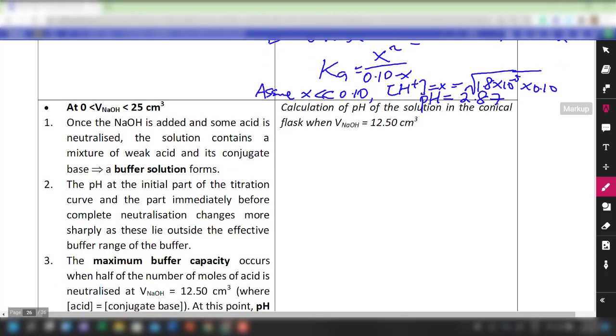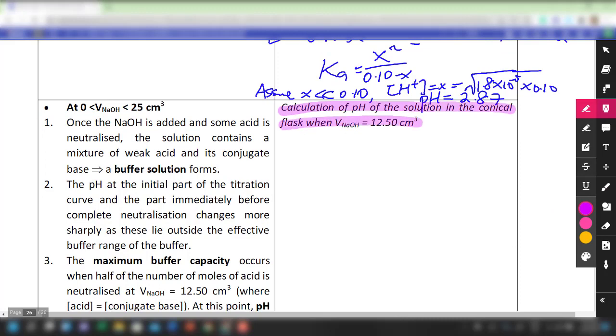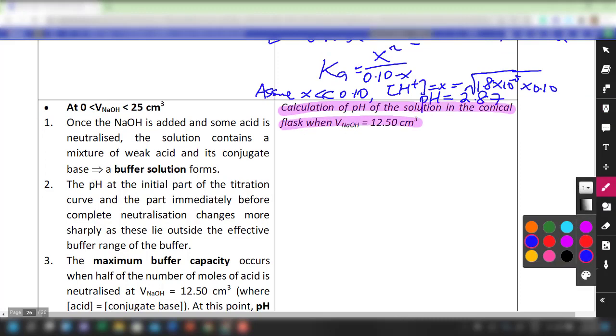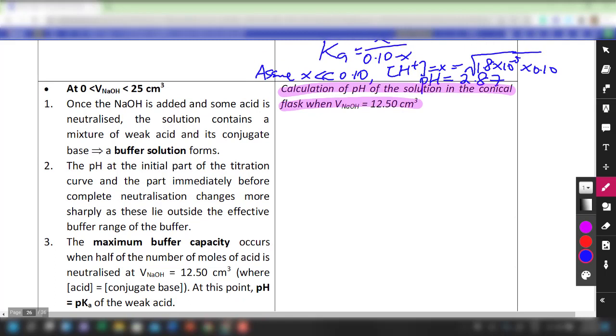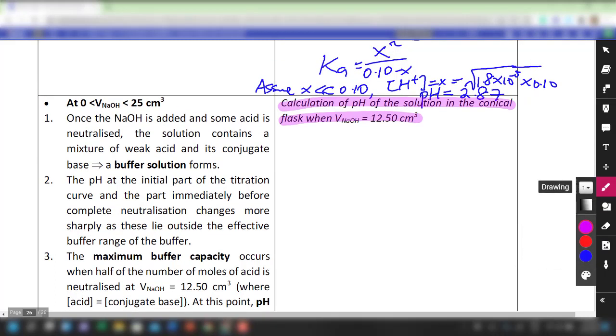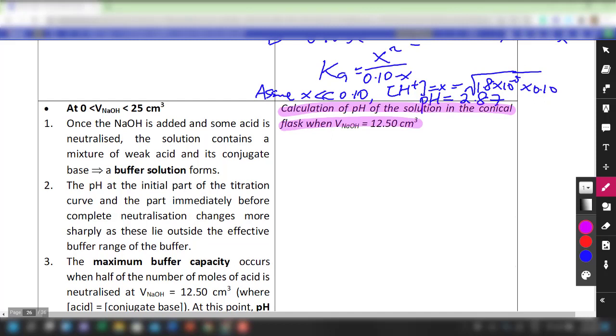Right now we are going to perform a calculation involving the pH when the sodium hydroxide added is 12.50 cm3. This is otherwise known as the half equivalence point as well. This has significance, unlike the one involving strong acid, strong base, which has no significance. We can easily determine the amount of sodium hydroxide added.